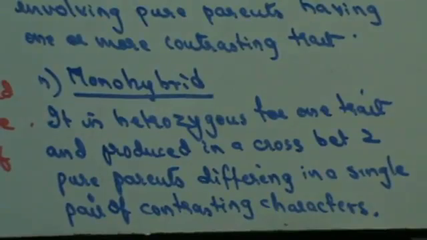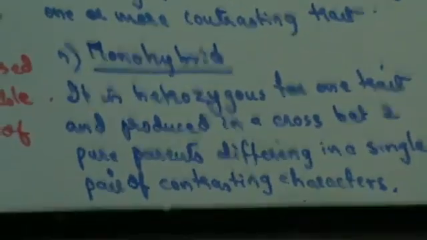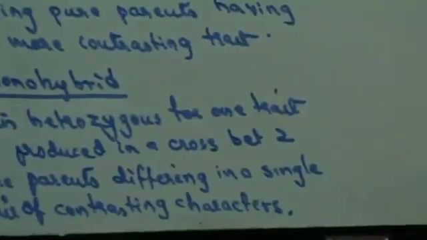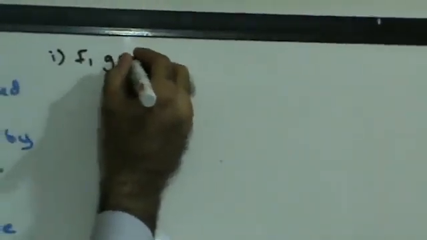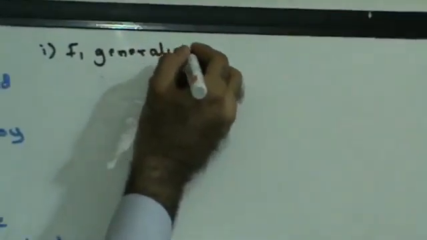Now, if you have monohybrid, similarly you could have dihybrid. In dihybrid, you would have two characters that would differ. Next, what do I understand by F1 generation? F stands for filial, meaning offspring produced in sexual reproduction.